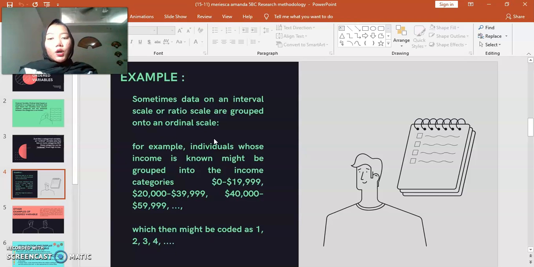Sometimes data on interval scales or ratio scales are grouped into ordinal scales.